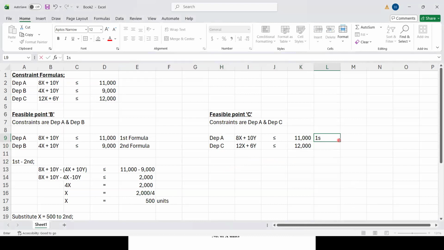So this is your first formula. This is your second formula. Correct? Yes, right. Now, do we have any common factor here? No. So what we can do?